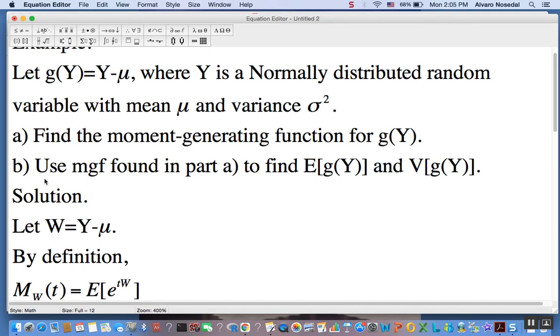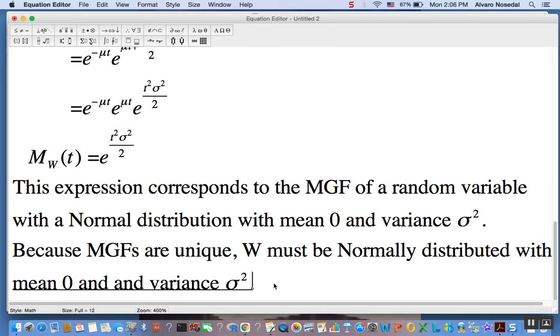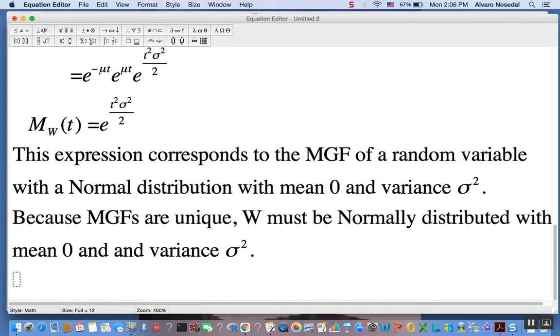I'm just going to remind you how you could use the MGF to find those moments, the expected value and the variance. By the way, in this case, given our observations in part A, we already know that the mean is going to be 0, and we already know that the variance is going to be sigma squared, right? So you could just double check by doing the following.